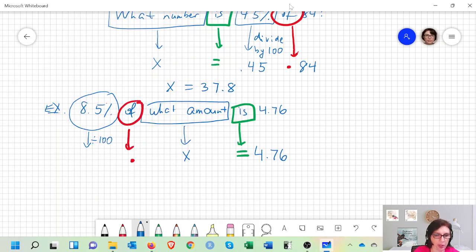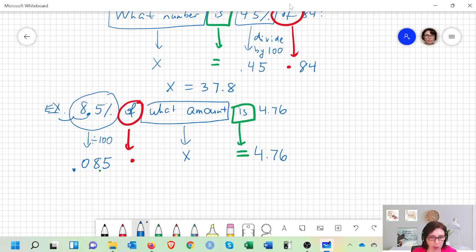Just to be sure, I did it on a calculator, but generally you just move the decimal point 2 places to the left. So when you use a calculator, that's fine.